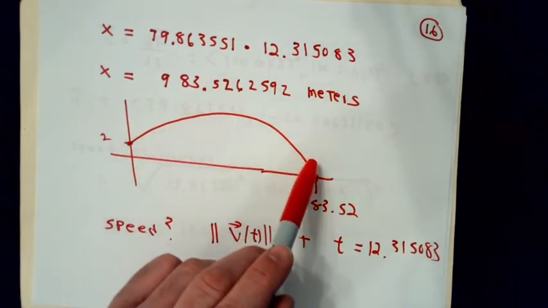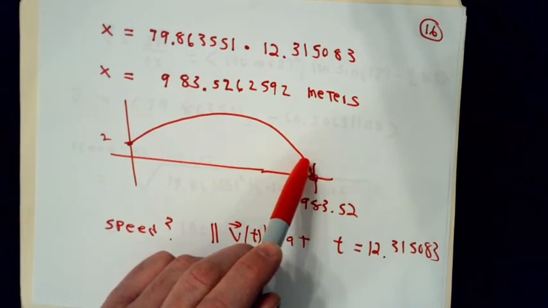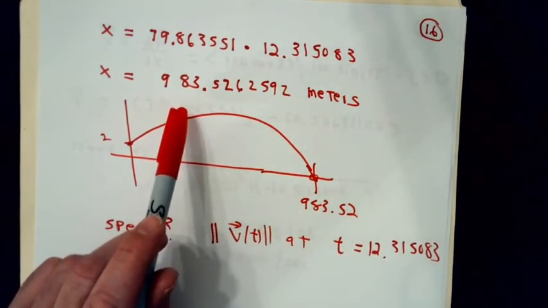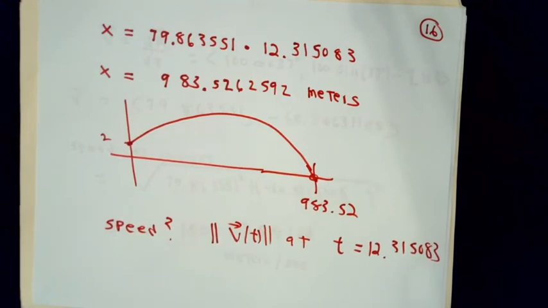At some point it reached an altitude of 2 meters above the ground again, and then continued falling for another 2 meters in the vertical direction. The place where it hits the ground is x equals 983.5262592 meters. I don't really expect a measurement could be that accurate. I'm just not rounding any to prevent any kind of rounding errors.